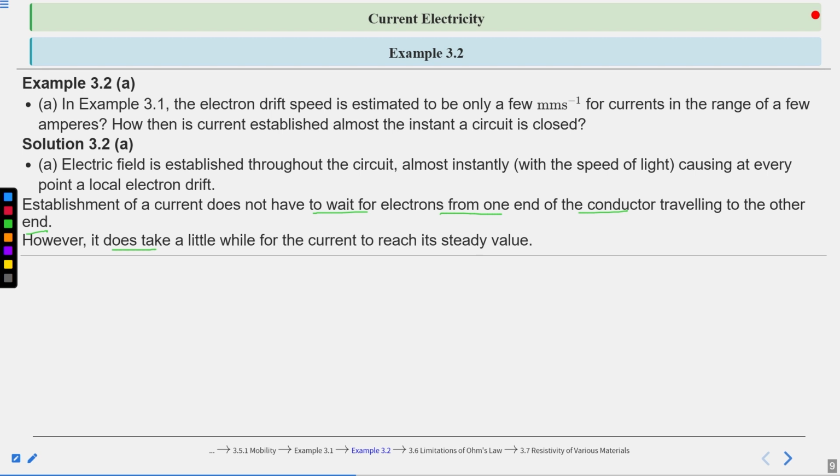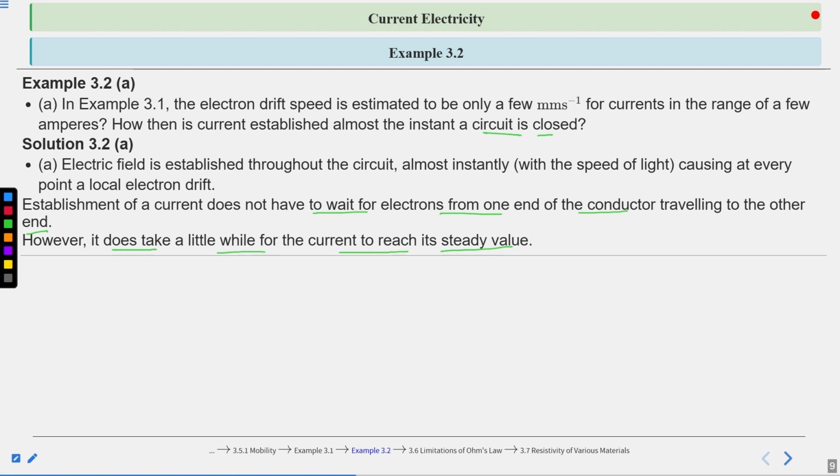However, it does take a little while for the current to reach its steady value. As we close the circuit, at that instant current is established, but it is not the steady value of the current. It will take very little time to get the steady value.